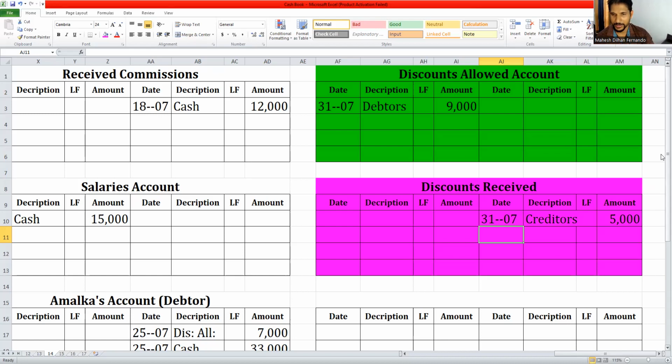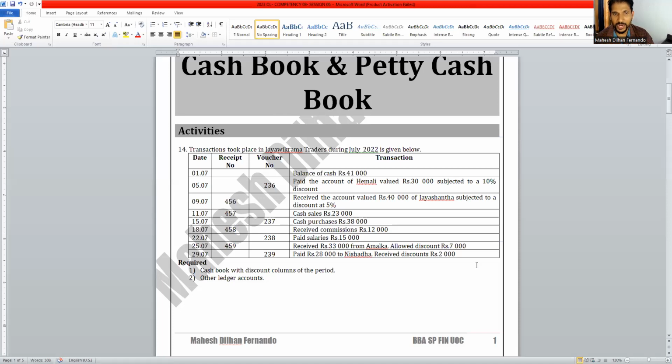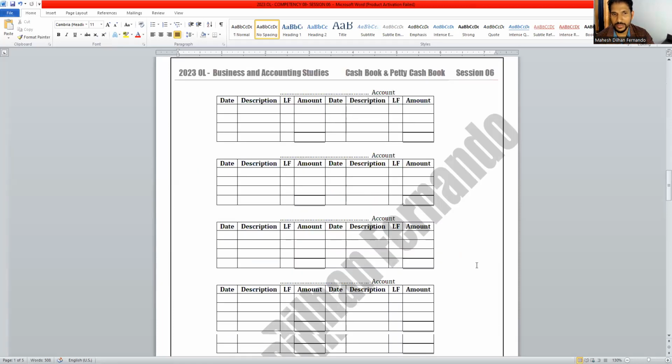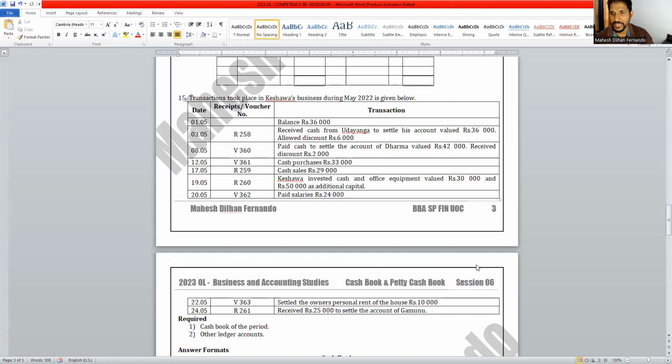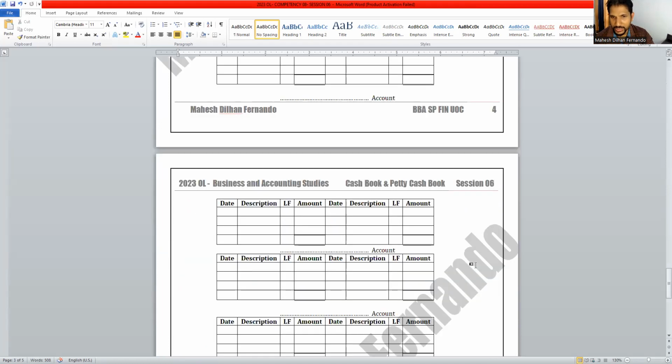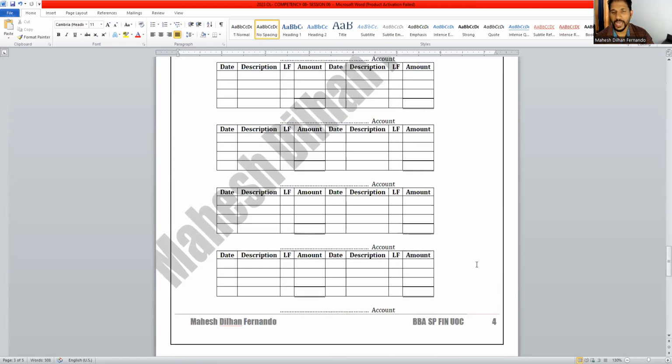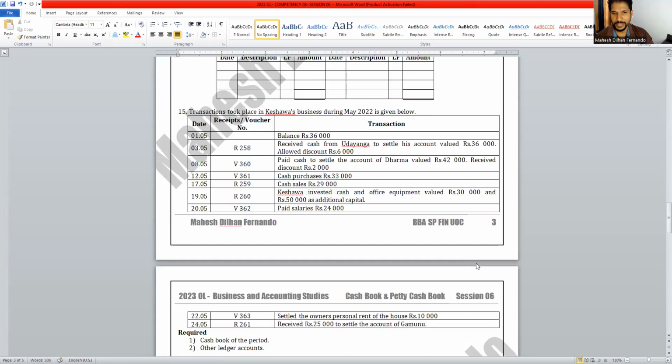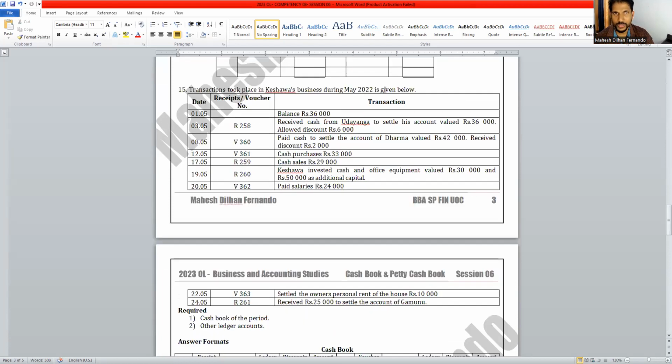Okay, great. So this is the end of activity number 14. Now we are moving to the next one, activity number 15. In fact, the last question for the cash book. Have you done this?